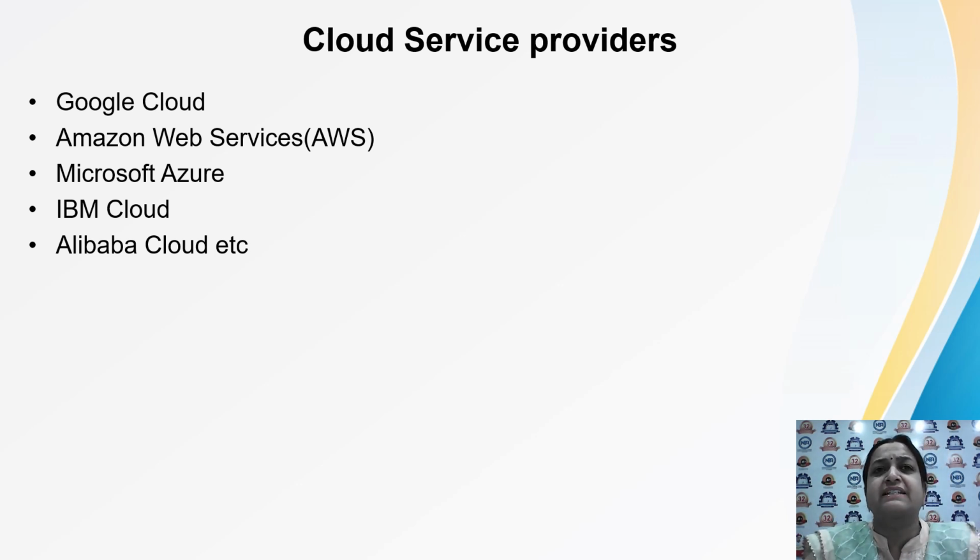Now, each of these cloud service providers has its limitations or advantages, where they vary in the costing, and they also vary in the range of areas which they cover. So that varies from cloud service provider to provider.